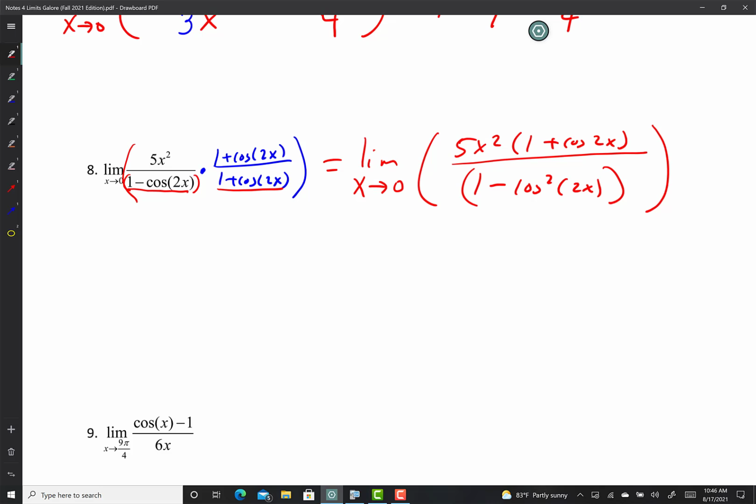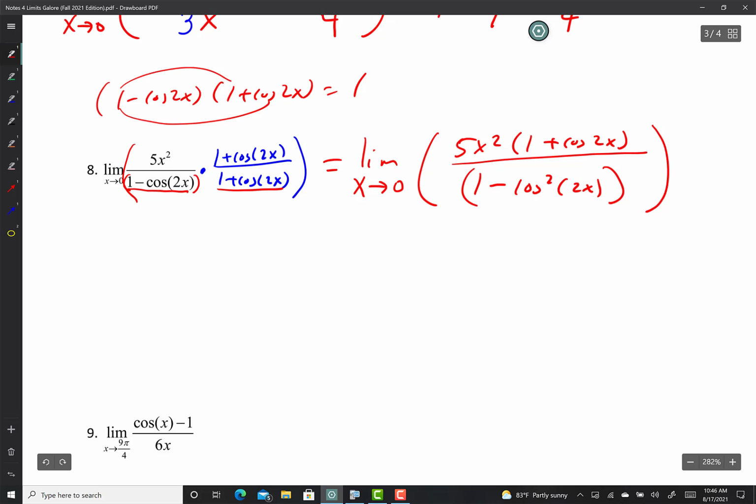I guess you could FOIL, but the middle terms would cancel out. Watch: 1 minus cosine 2x, 1 plus cosine 2x, 1 times 1 is 1, 1 times cosine 2x is plus cosine 2x, negative minus cosine 2x, minus cosine squared 2x. These in the middle cancel out.